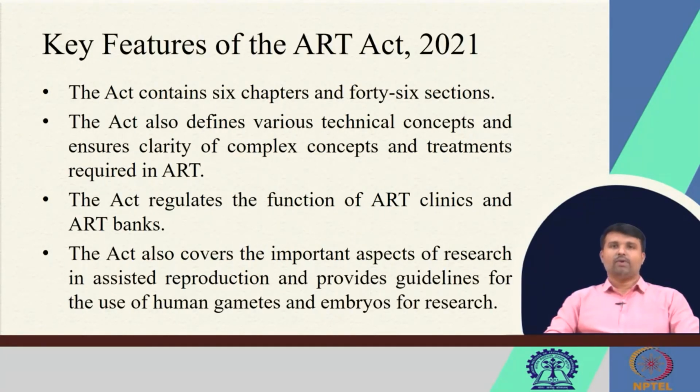Now, let us see what the key features of the ART Act of 2021 are. The 2021 enactment contains 6 chapters and 46 sections. The Act defines various technical concepts and ensures clarity of complex concepts and treatments required in ART. The Act regulates the function of ART clinics and ART banks.